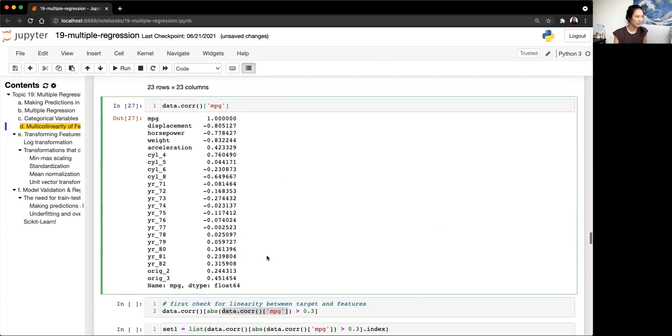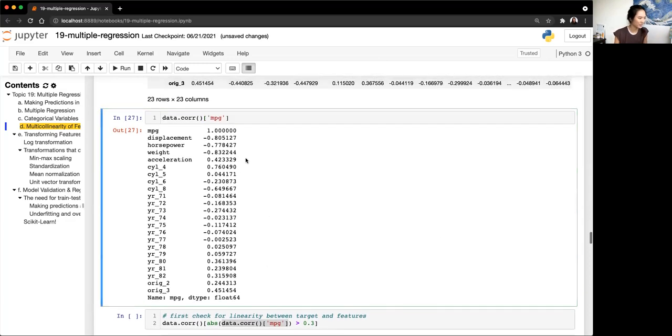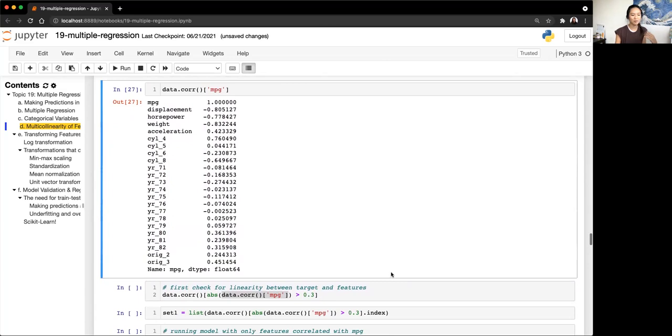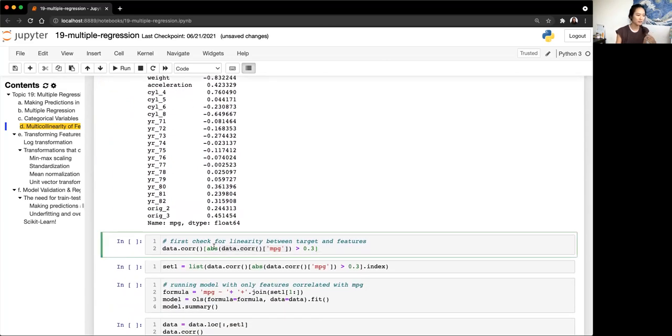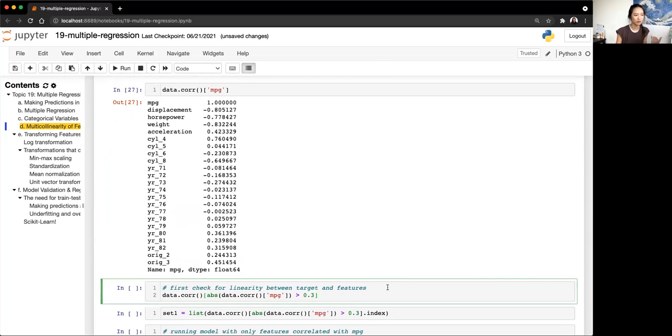So you can see here, we have some things that are not very correlated. For example, some of these years, as you can sort of see, the insignificant years have pretty low correlation. The higher years have a little bit stronger correlation. So let's just set an arbitrary threshold. I only want to keep the features that at least have a 0.3 correlation with our miles per gallon.